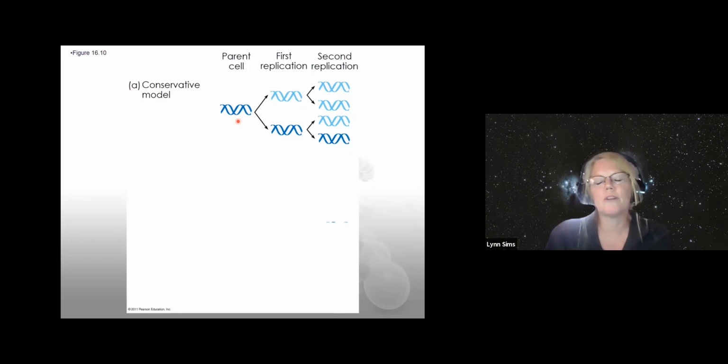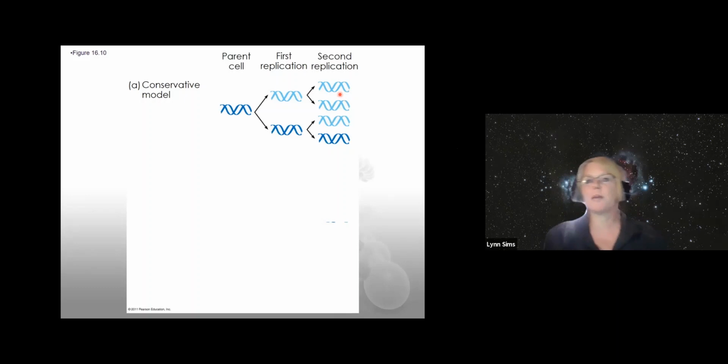This was one model, called the conservative model, where you have a parent molecule and then the entire parent molecule is copied. After the first replication, you would still have the entire parent molecule, and then a copy of that molecule, a copy of 2 strands. This would be the daughter molecule. After the second replication, the daughter would be replicated, so there would be 2 copies of that one, and the parent would be replicated again, giving 1 copy of the parent and 1 copy of the daughter.